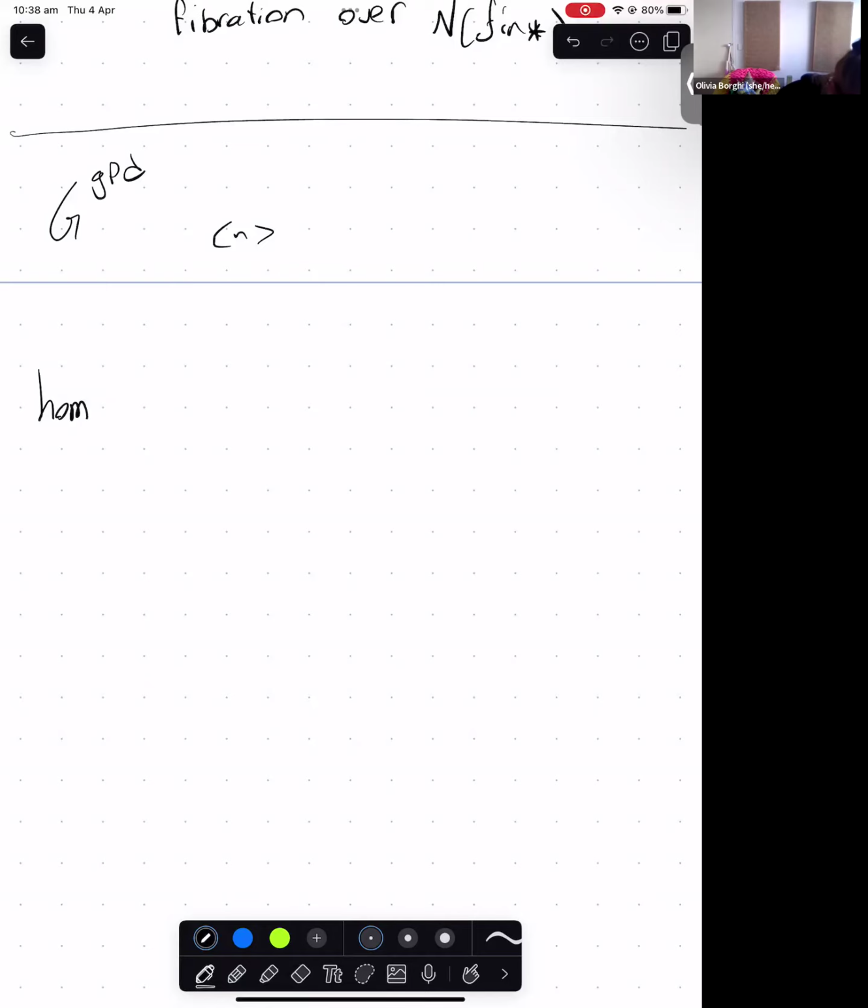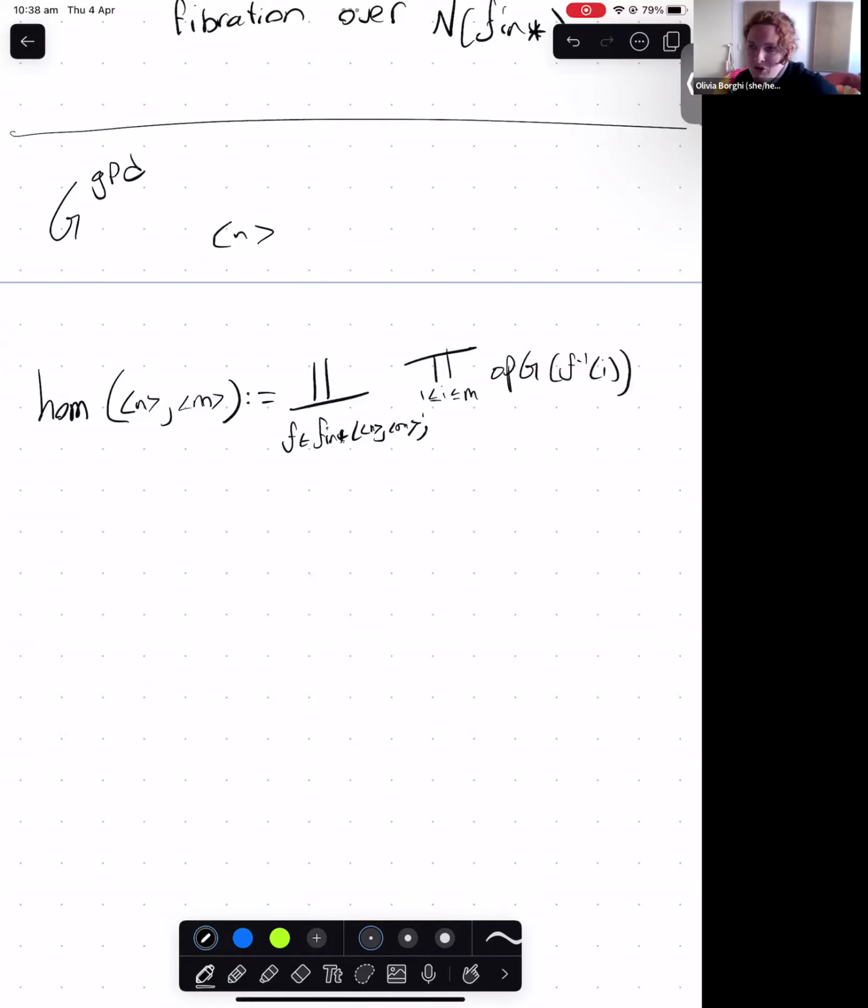From N to M is going to be defined as a coproduct over maps f in the Hom set from N to M in the category of finite pointed sets, and then we're going to do a product over 1 ≤ i ≤ M of op G of f inverse of i. Okay, so what is op G?